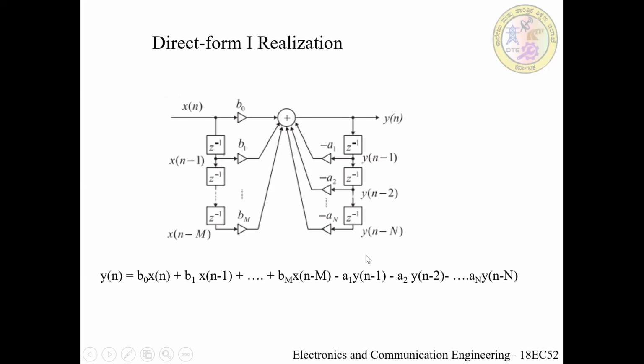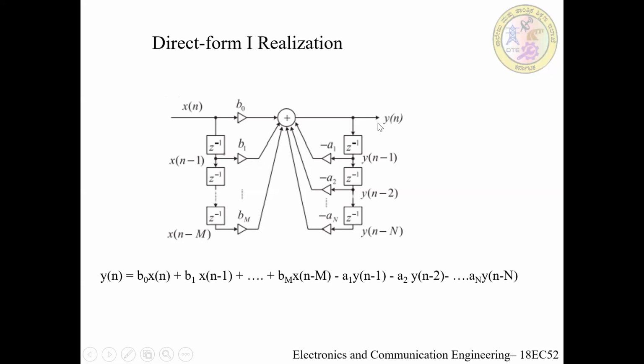And these are from the input part. This is from the feedback part, we can say: minus a1 into y of n minus 1 minus a2 into y of n minus 2 minus a3 into y of n minus 3 up to minus an into y of n minus n. So if we represent this using direct form 1 structure, we obtain it like this.